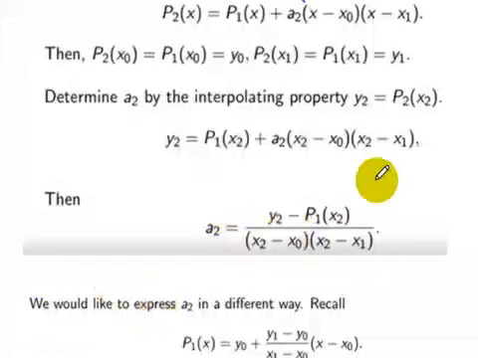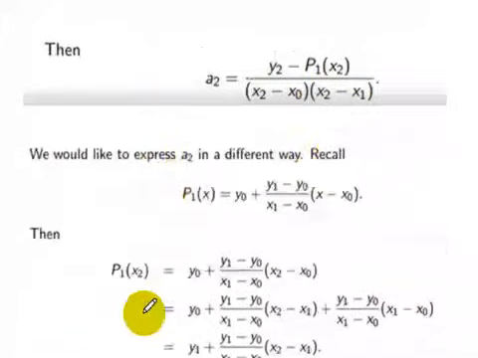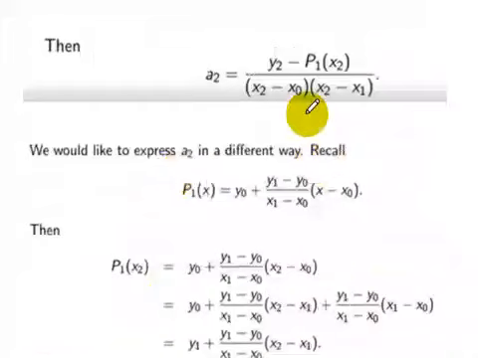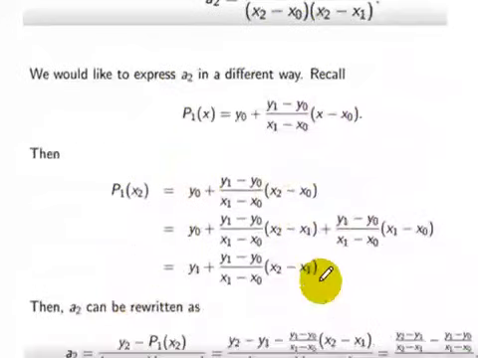Here I would like to expand this coefficient a sub 1, right? So to recap what p sub 1 is, this is our p sub 1. When you throw x sub 1 into here, you get something like this.